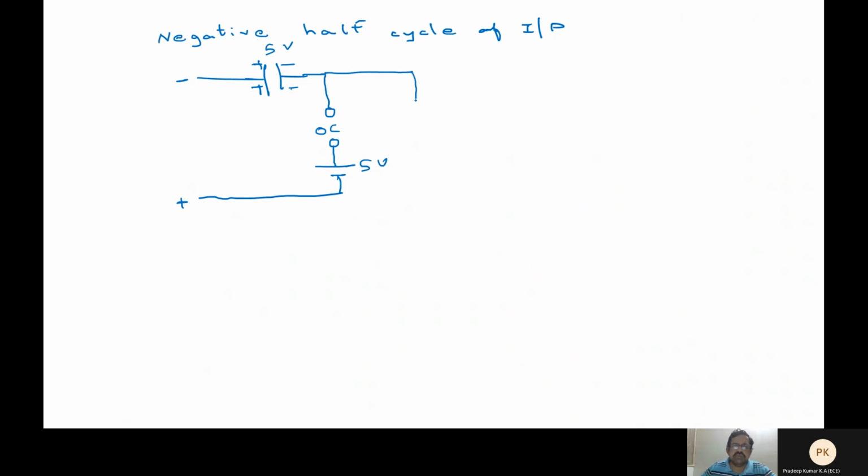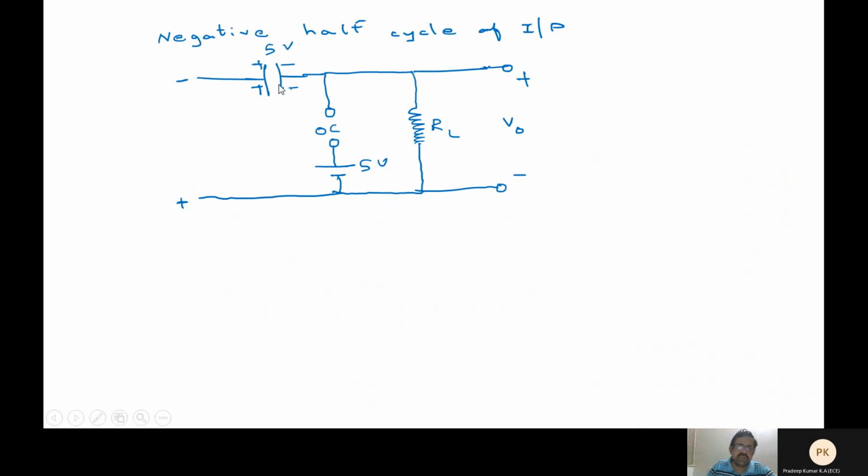So here, this is my RL. Now here you have the output taken, V0. I always make a habit of writing the polarities so that we don't make a mistake.